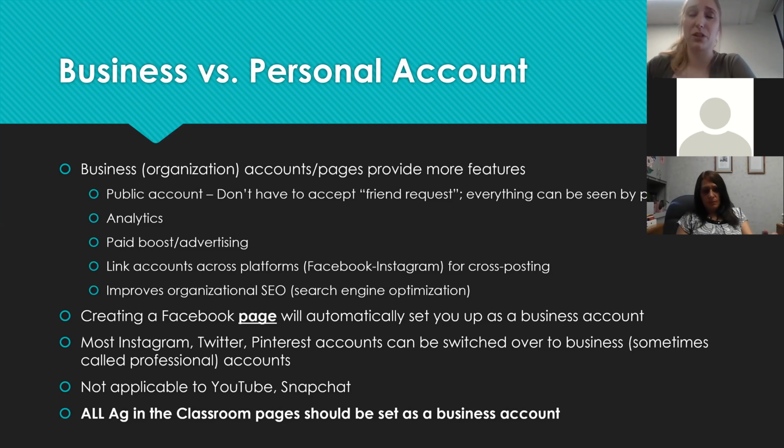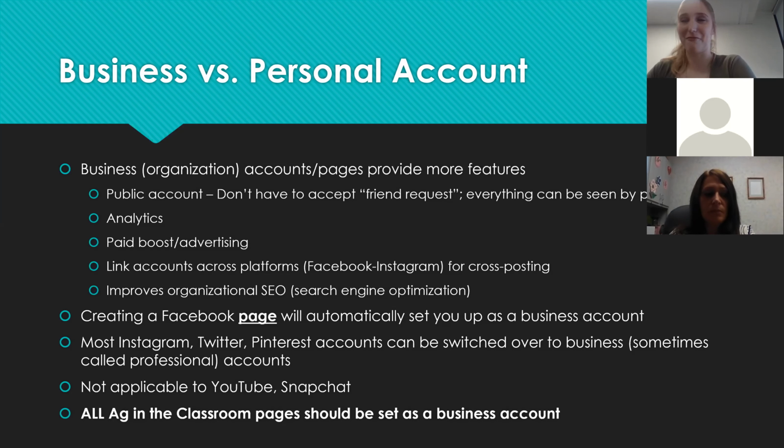You don't have to accept those requests, but you can block them if you need to. Would not recommend that, because that does not do well for your algorithm if you're just blocking willy-nilly. But it's different. It's more of a public network. It's more of that business feel. Anybody can walk into a store, versus not everybody can necessarily walk into your house. So again, it's a public account.